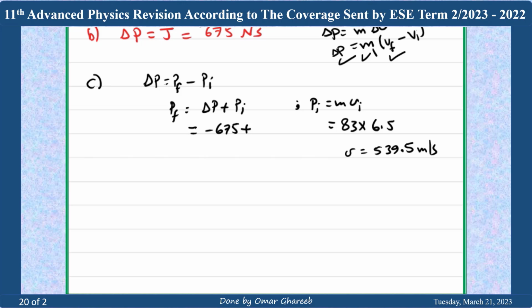Put it here, 539.5. Then make the addition. The answer would be minus 135.5 kilogram meter per second.